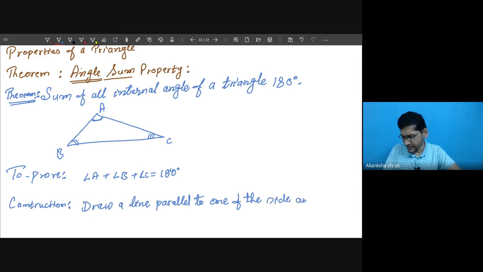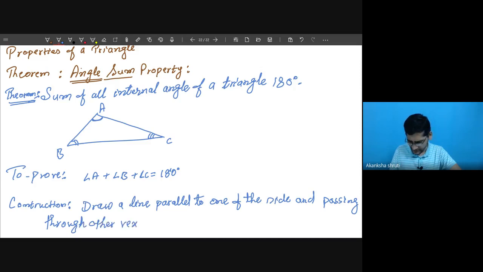Student, what do we mean? We mean simply we want to draw a parallel line, either parallel to AB or BC or CA.